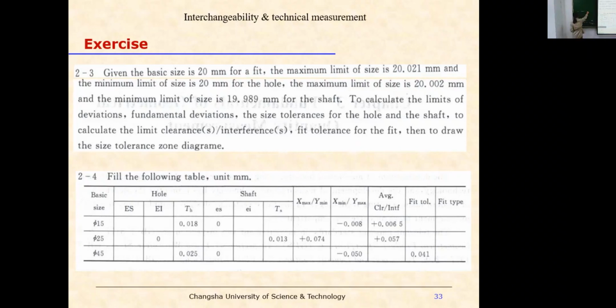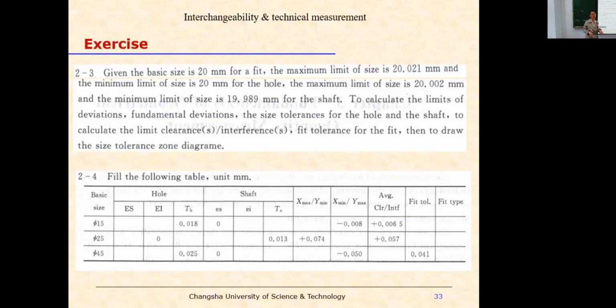If we try to draw the tolerance diagram: how do we calculate TH, the tolerance of the hole?